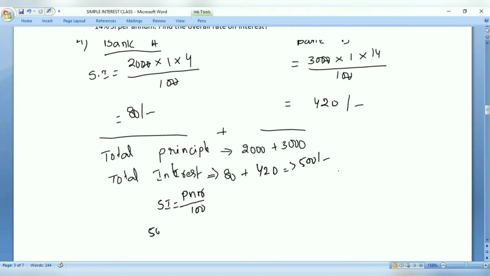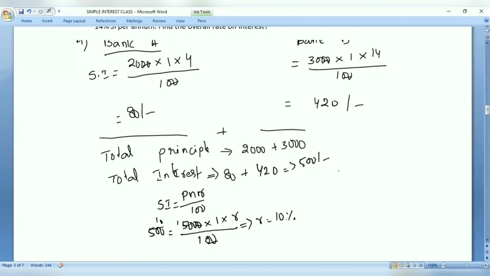So the simple interest is 500, the combined principal is 5,000, number of years is 1, and the rate of interest is what you need to calculate, divided by 100. Two zeros cancel. 50 ones are 50, 5 tens are 50. So the effective rate of interest is 10%.